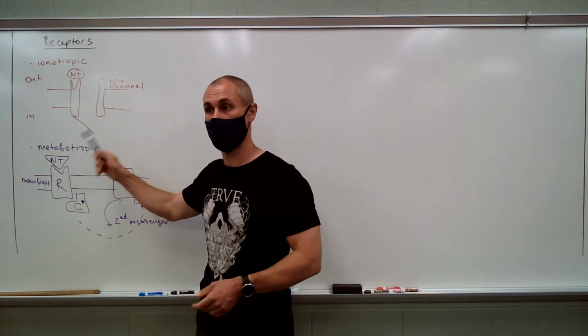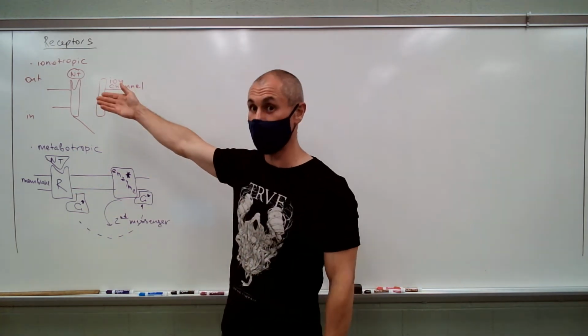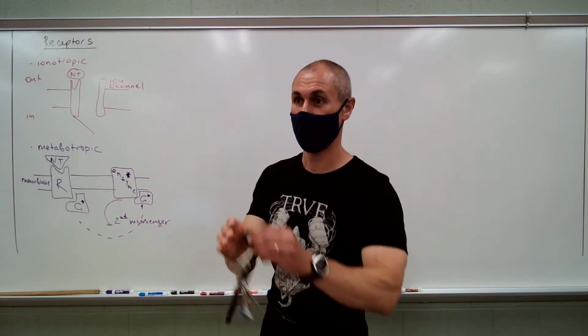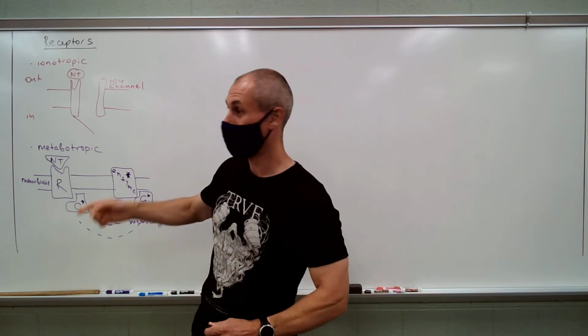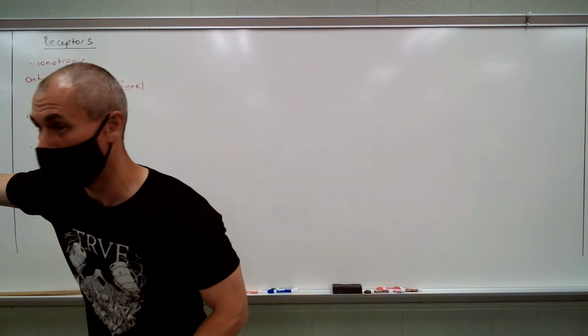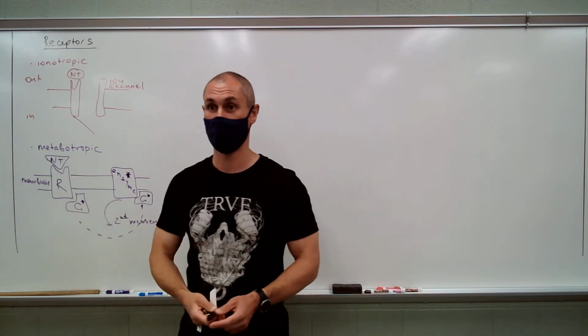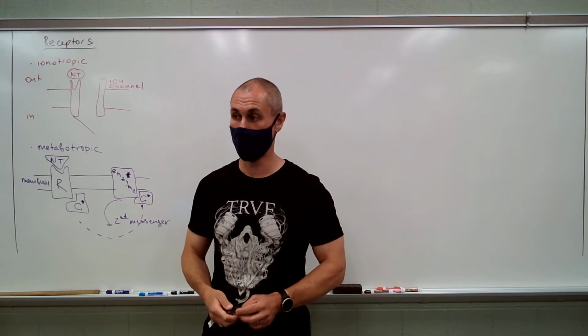And when it binds, it opens that channel. So this is an example of ligand-gated ion channel. The dongle is a neurotransmitter. The receptor is that little black box on the wall. And the channel is the door. Okay, cool.